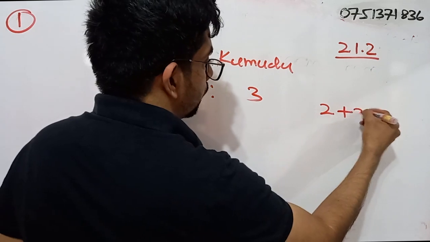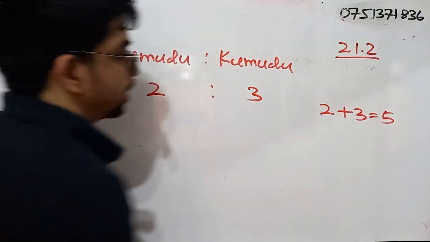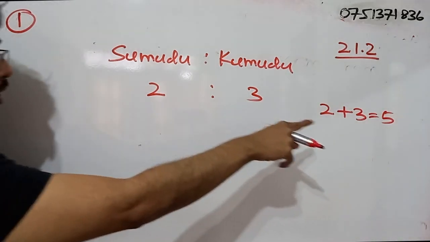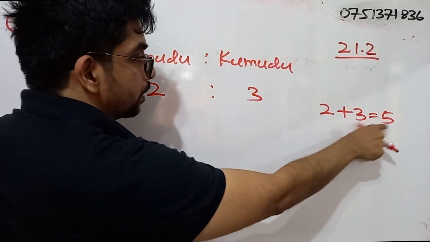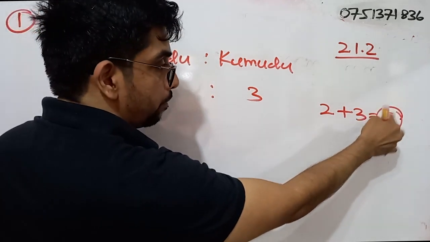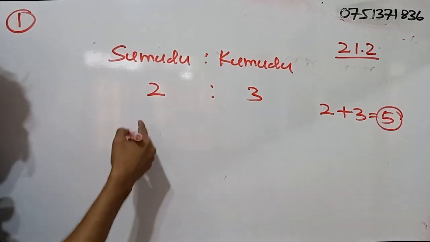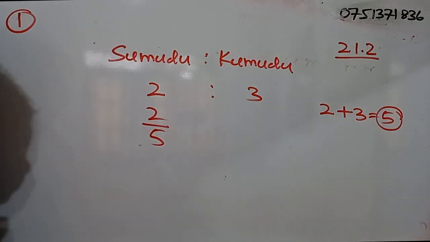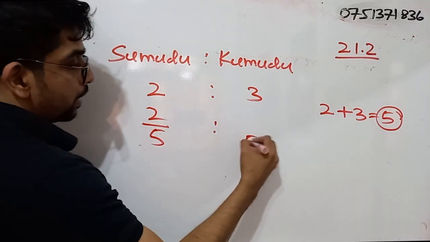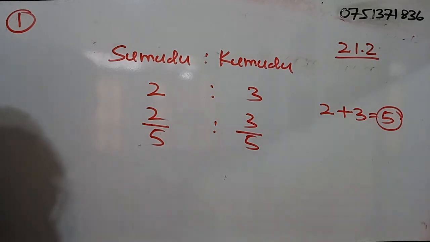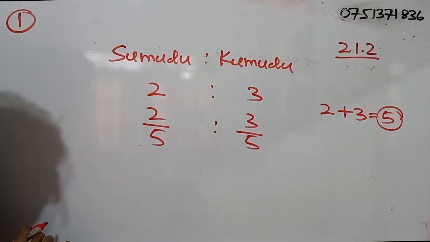2 plus 3, no? So the total number of parts is what? 5. That means out of 5 equal parts, even though this is just a number 5, this means 5 equal parts. So out of 5 equal parts, 2 parts are Sumudu's and the rest of the parts belong to whom? Kumudu. So here we need to calculate what?